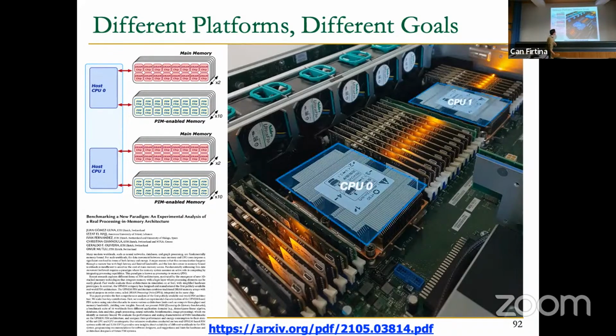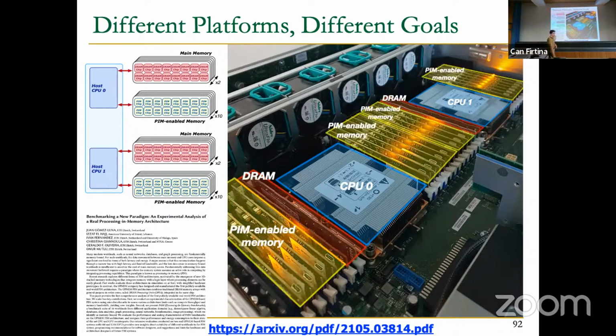Indeed, there you have the two CPUs, and then it has memory controllers, memory channels, and connected to them a bunch of DIMMs. Some of these DIMMs, as you see, are DRAM memory. They're working as main memory, while some others are compute capable, what we call the PIM-enabled memory. And actually, you can also see them in the picture. These are the DRAM DIMMs, and these are the PIM-enabled DIMMs.